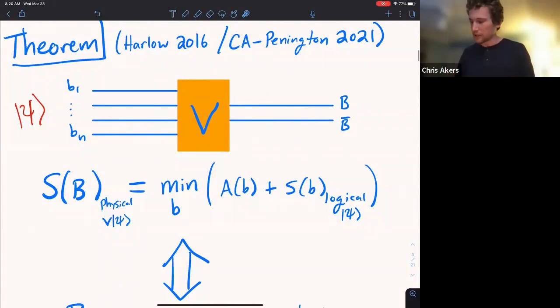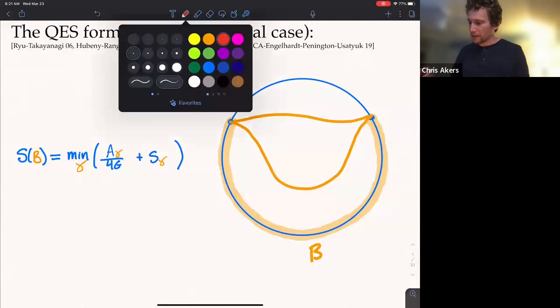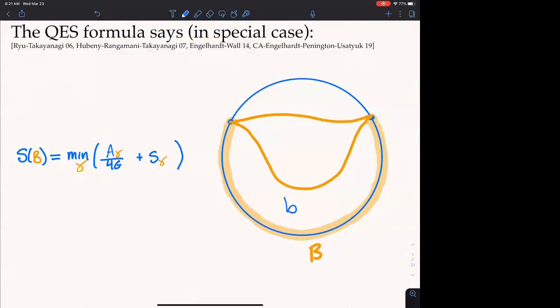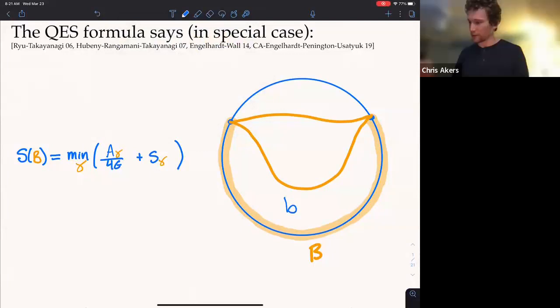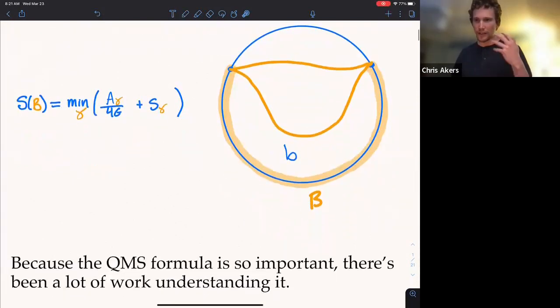Up here, when I first introduced this, I was minimizing over gamma. I might have equivalently said minimize over the region B that is a homology region for capital B and some surface. That's the version that I'm writing down here. I hope that makes sense.